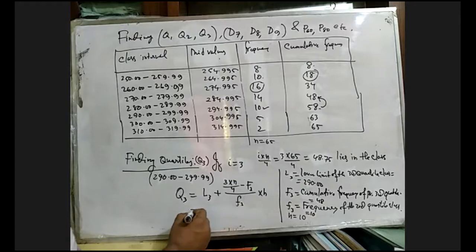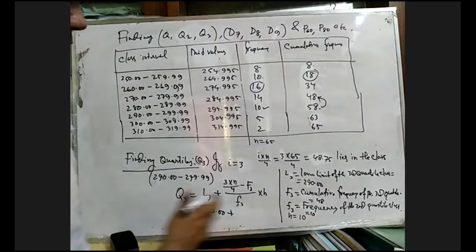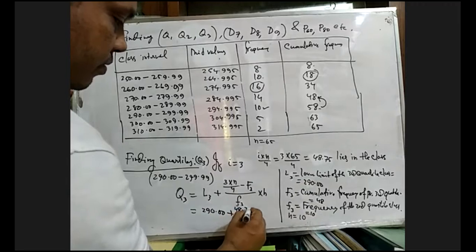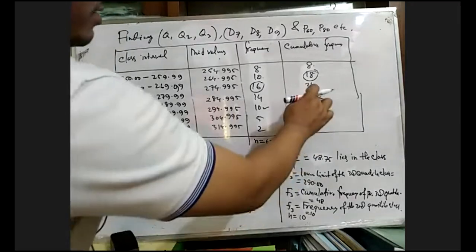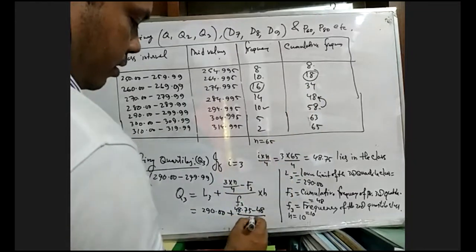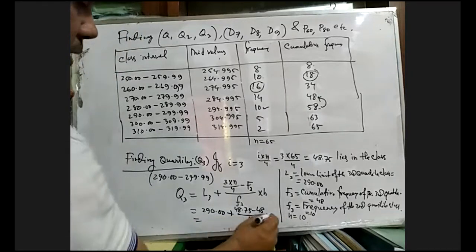So we get the lower limit of the third quartile class 290.00 plus (48.75 minus the cumulative frequency of the previous class, 48) divided by 10, multiplied by 10. The 10 will be cancelled.